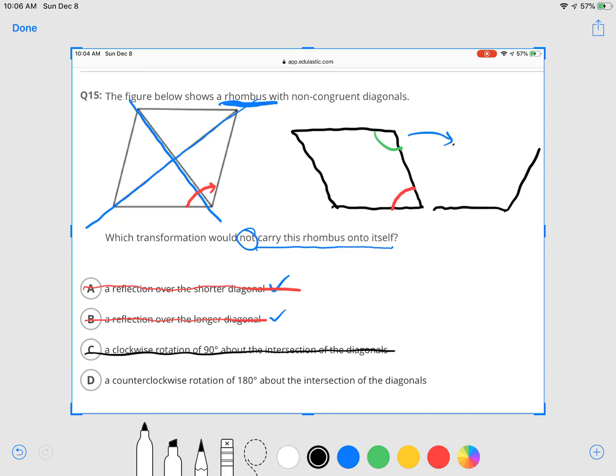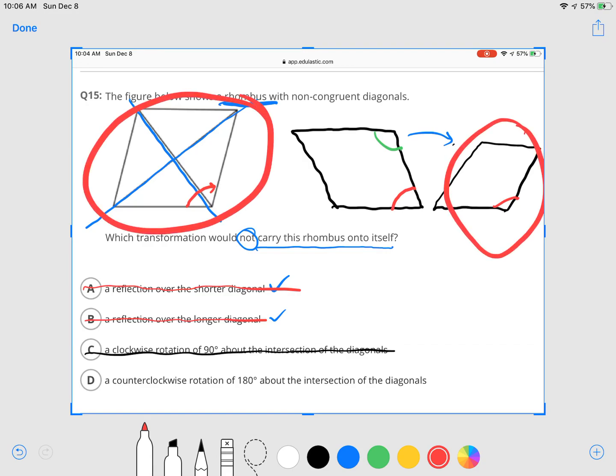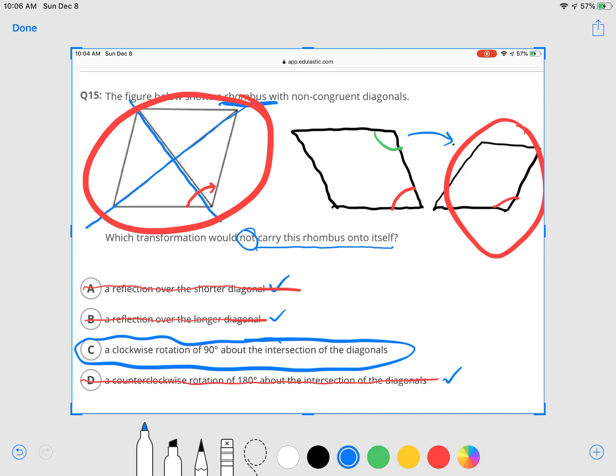So we have the obtuse angle down here, which means the rhombus would look like this, the same orientation as it was originally. So that one works. Oh, and I forgot what I was actually answering. D works, which means it doesn't answer the question. The actual answer to the question is C. This was the one that doesn't work. Anyways, you saw why D does work. So C is the answer here.